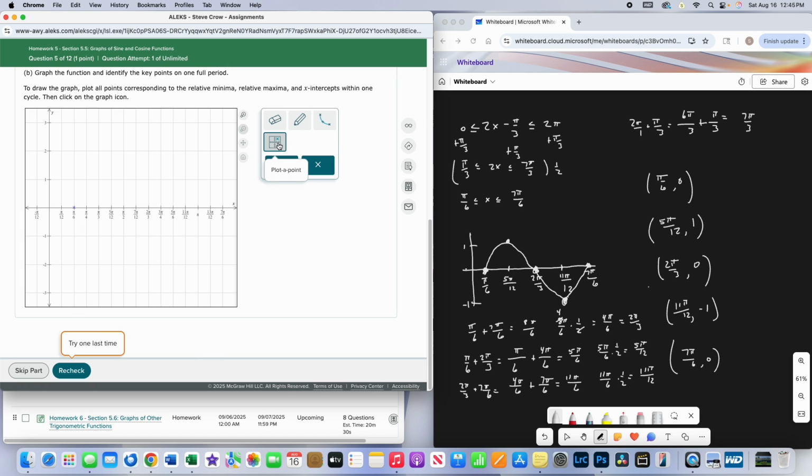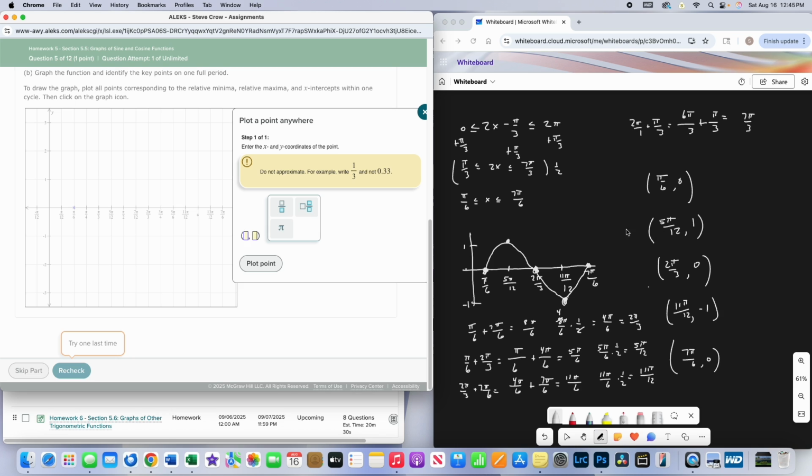All right, and then we put in our next point, fraction, so that's going to be 5 pi over 12 and 1. And I haven't hit plot point yet, but you can see how it goes ahead and puts the point there, and we put plot.